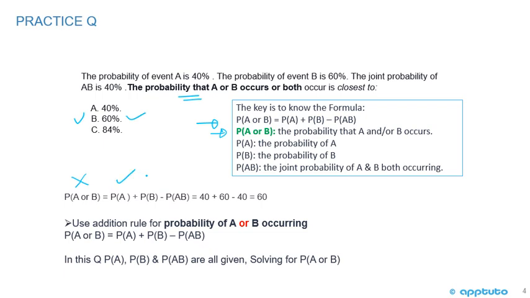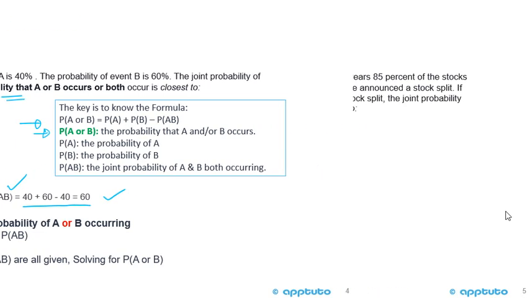They give us the probability of A, they give us the probability of B, and they give us the joint probability of AB. So it's simply 40 plus 60 minus 40 equals 60%. So that's really easy. We're using the addition rule for the probability of A or B occurring. Quite easy. That should be under 90 seconds if you're well practiced.